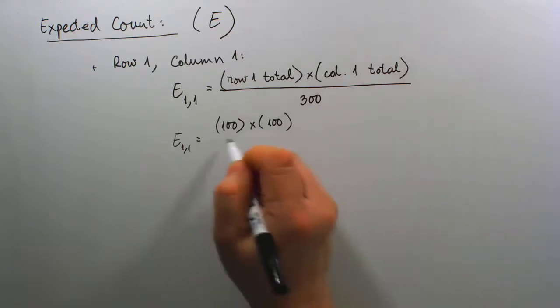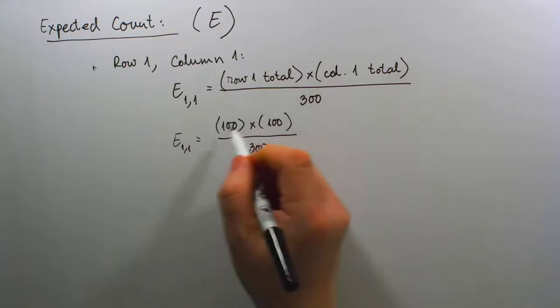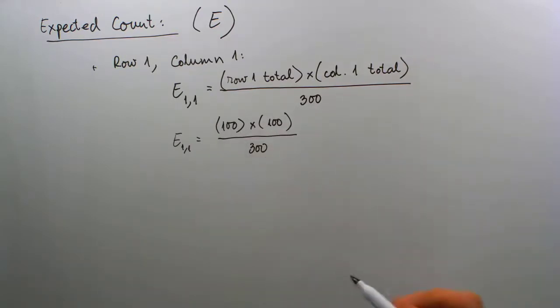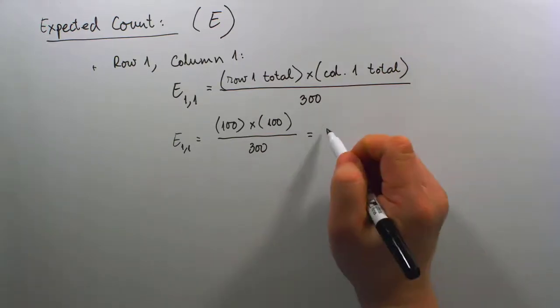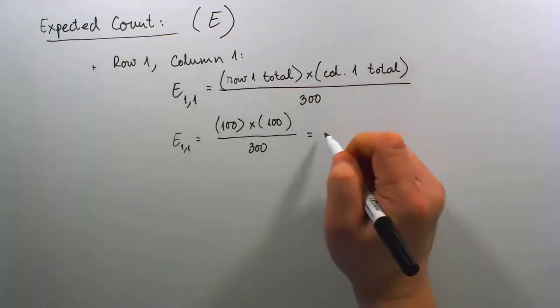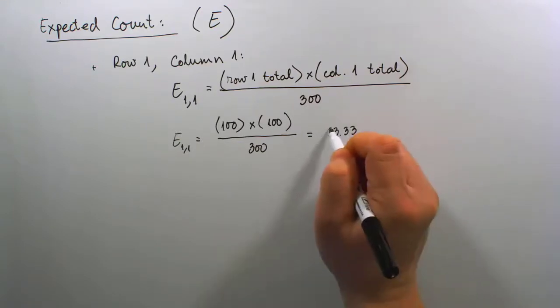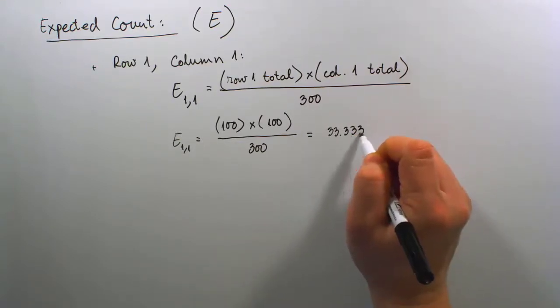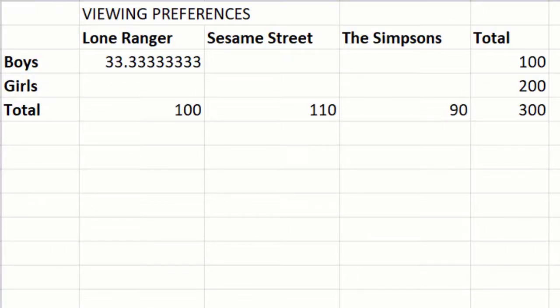And that product is now going to be divided by 300. And so now my calculation shows 33.3333 and a lot longer. So that means now I can put this expected count right here into my table.